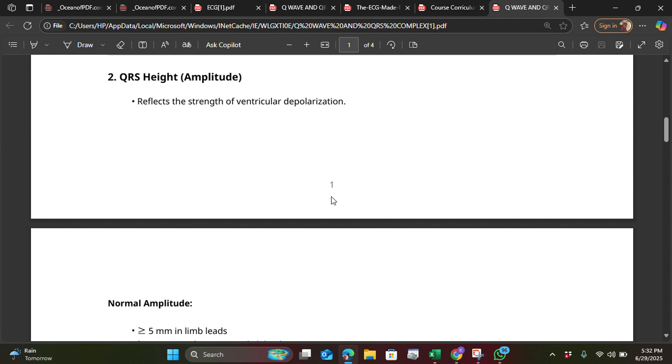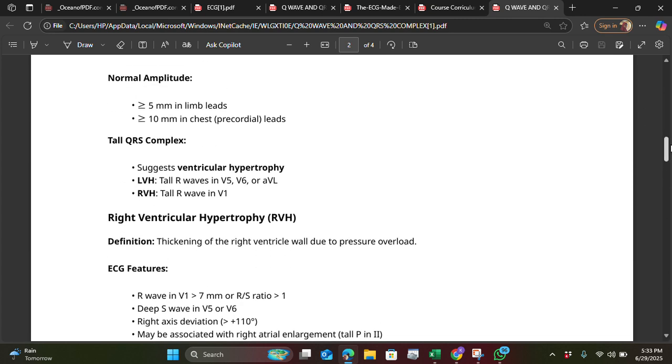Your QRS is ventricular depolarization, like we know. Now, the normal height for your QRS for limb leads. Can anybody mention the limb leads that we have? AVR, AVL, AVF, neutral.